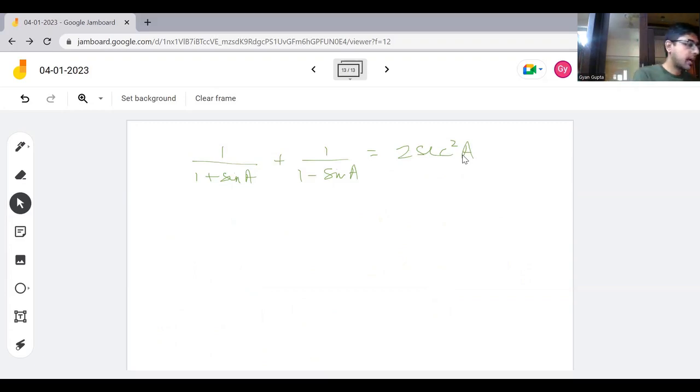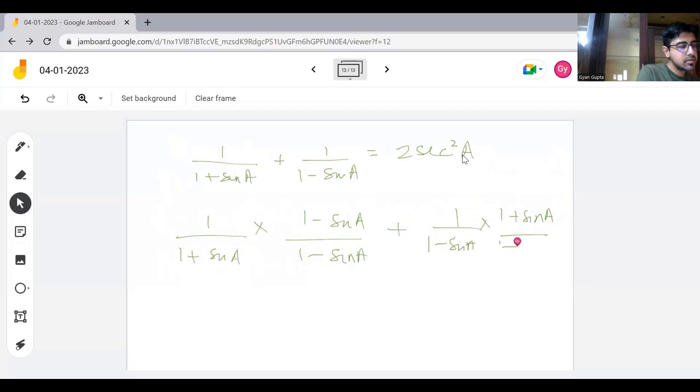The second approach, I will just write this as 1 by (1 plus sine A) into (1 minus sine A) by (1 minus sine A) plus 1 by (1 minus sine A) into (1 plus sine A) by (1 plus sine A), which will give me (1 minus sine A) by (1 minus sine square A) plus (1 plus sine A) by (1 minus sine square A).